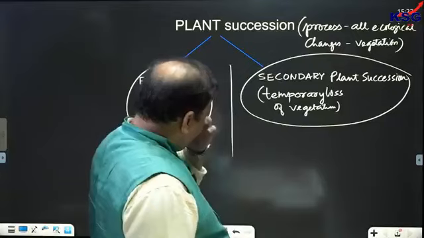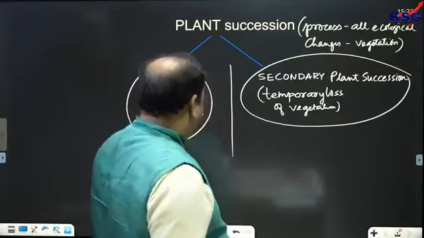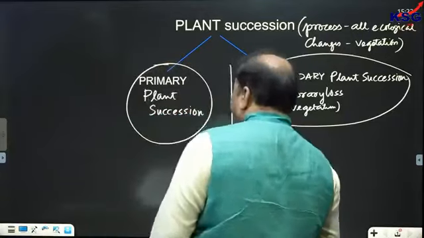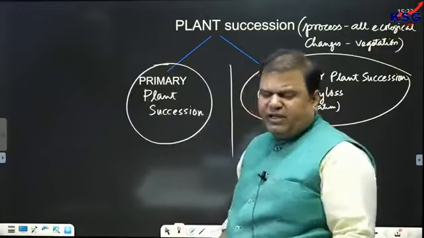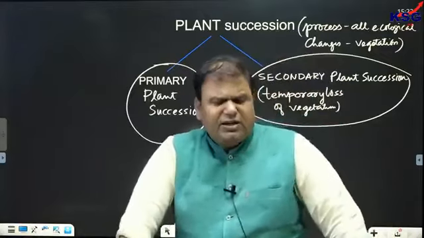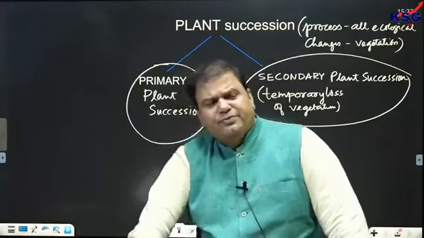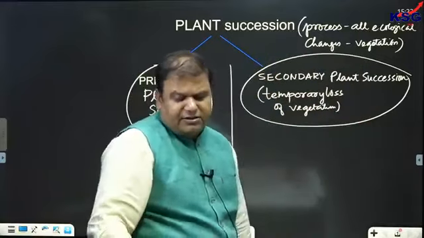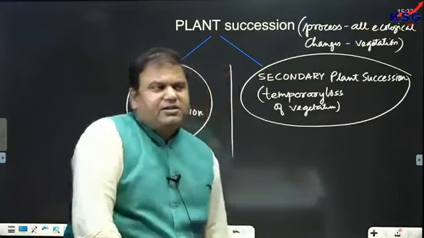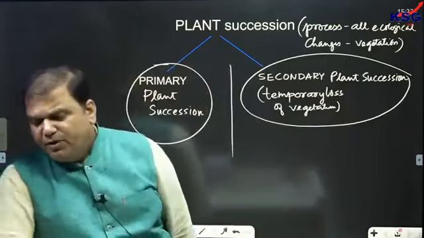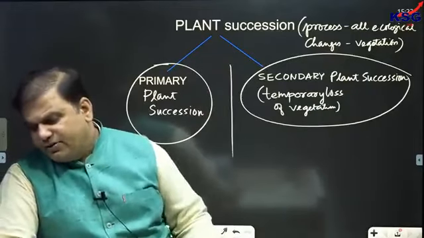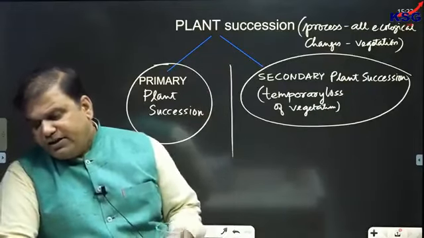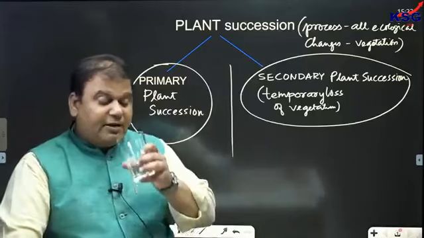Clear? Fine. But see, when you talk about succession, establishment of vegetation cannot take place instantaneously. It cannot take place abruptly. Whenever vegetation gets established, it would always get established in a sequential manner.